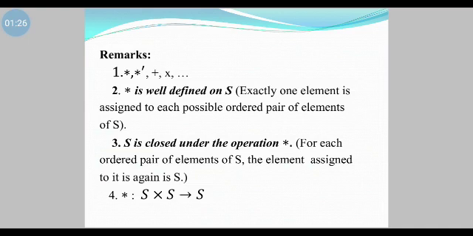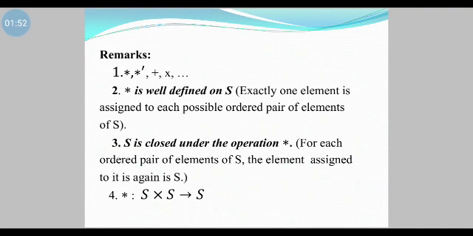And also, star must be well defined on S, meaning exactly one element is assigned to each possible ordered pair of elements of S. That is, if we consider any two elements A, B belonging to S, then star of (A, B) must be some C, and we cannot get another element C dash. If we get some element C dash, then C must be equal to C dash.